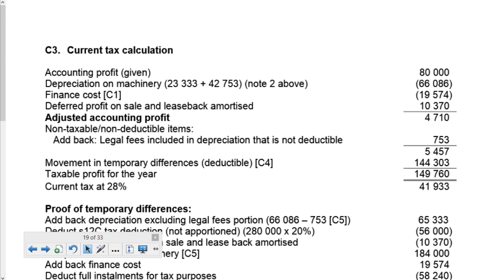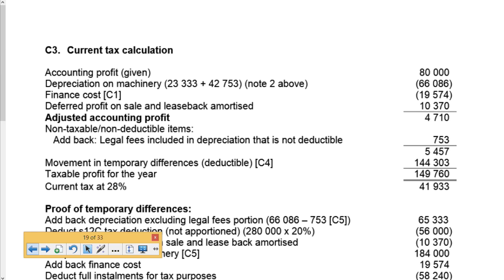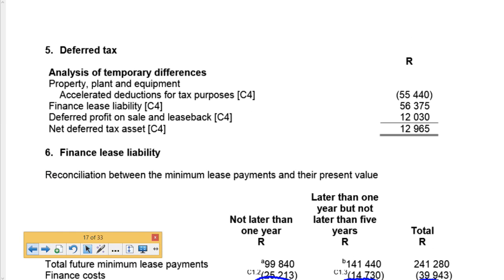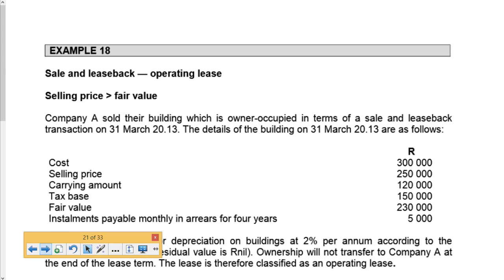All right. The next one that I wanted to look at is the journals. Here they are.